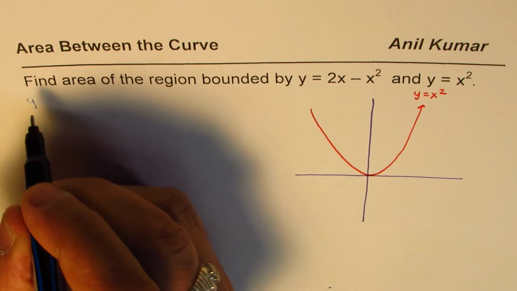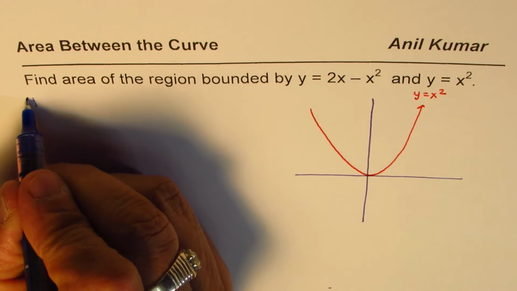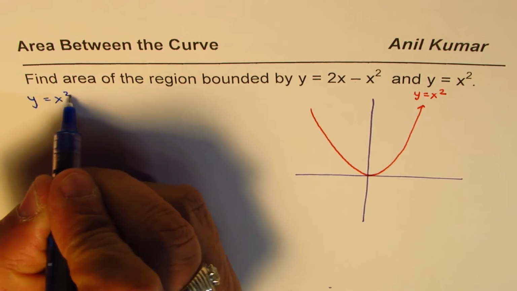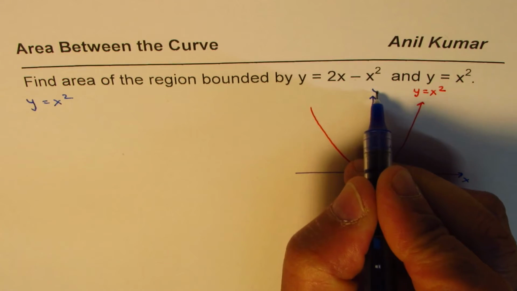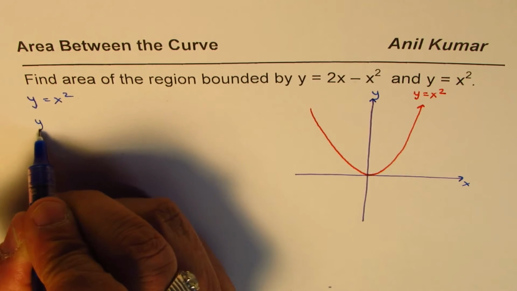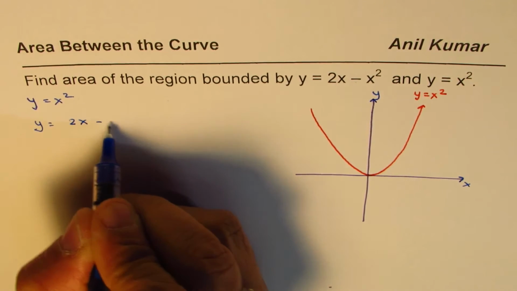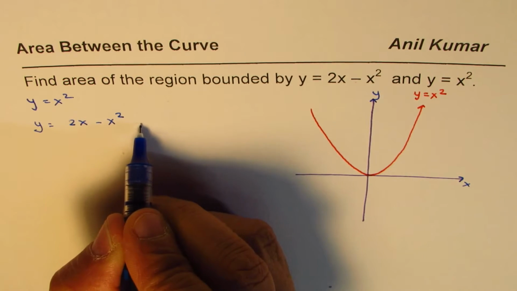So first we did y equals x squared. It's a parent function. That is the x-axis. This is the y-axis. And now we will see how to sketch y equals 2x minus x squared. Now we can definitely take x common.